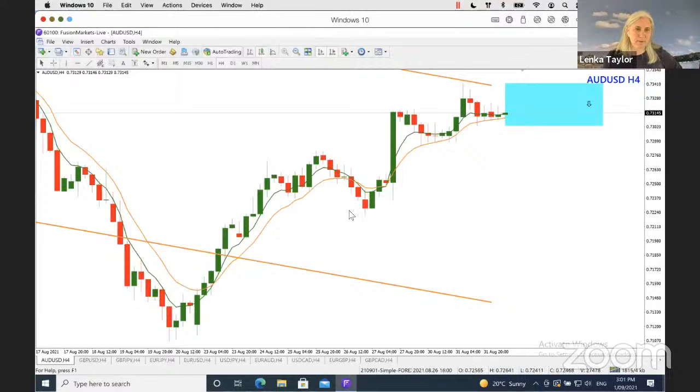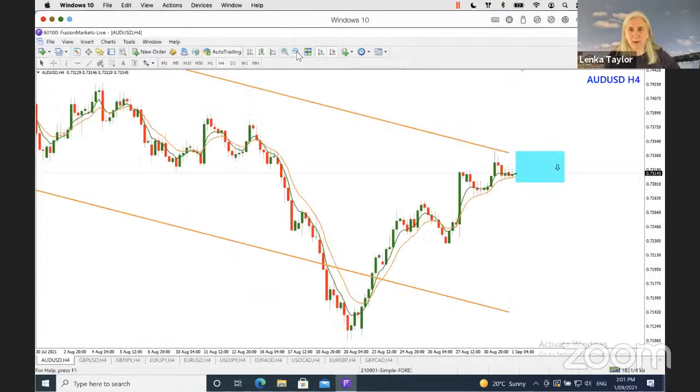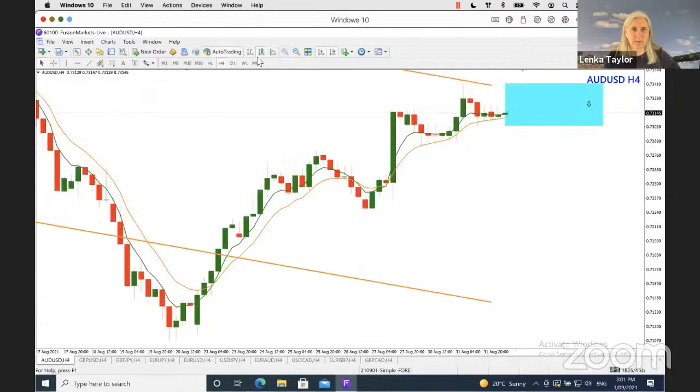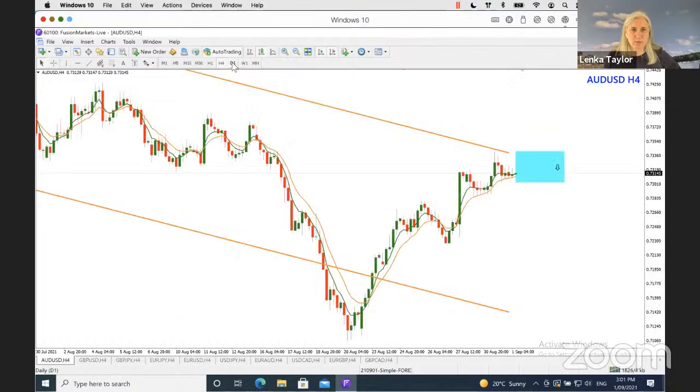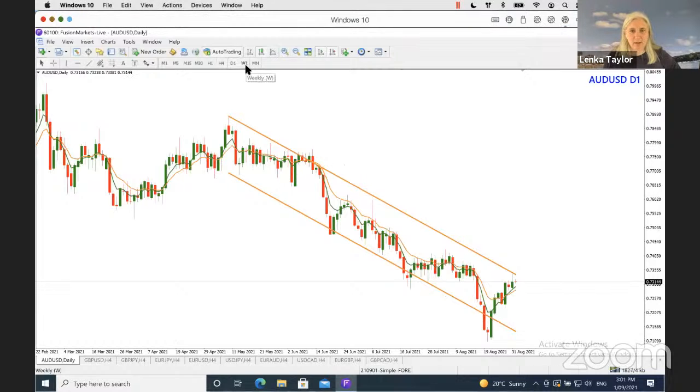All right, the first currency pair I want to have a look at is Aussie USD. I'm still looking for a short on that one. At the moment, what I see is that channel, so I'm looking to short from the top of the channel.